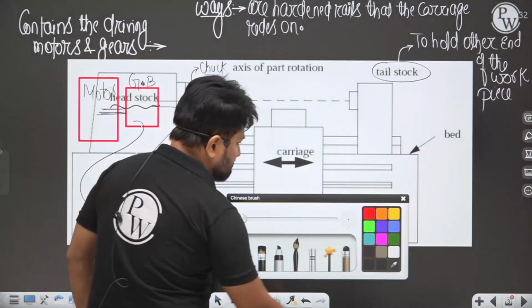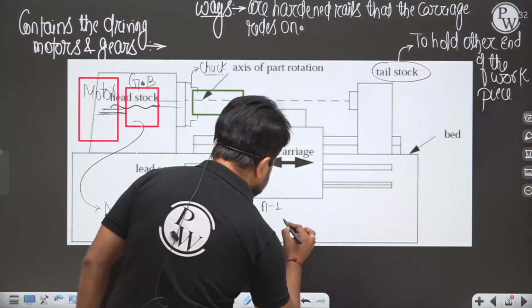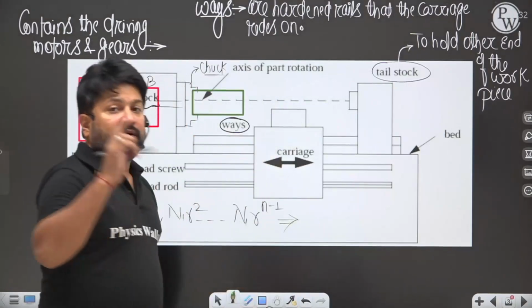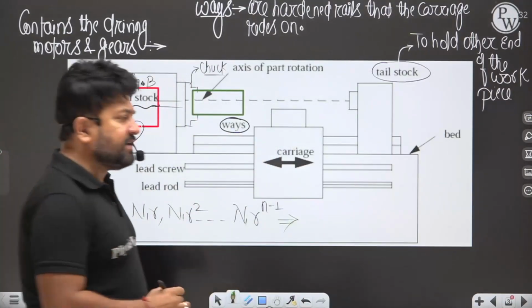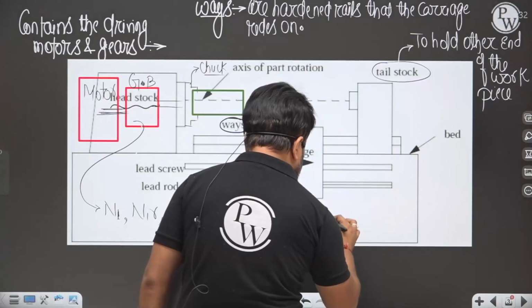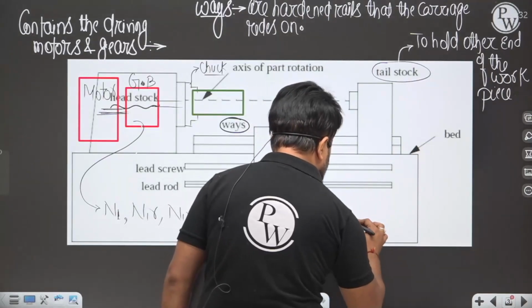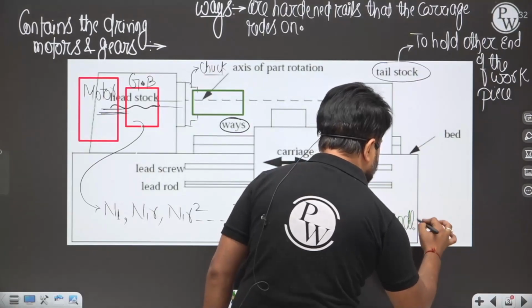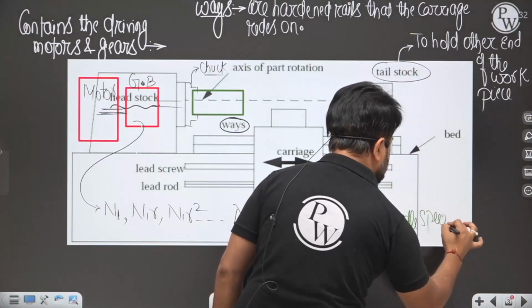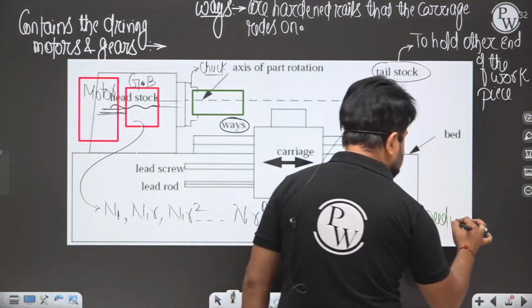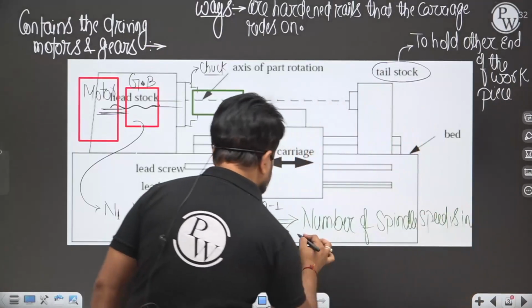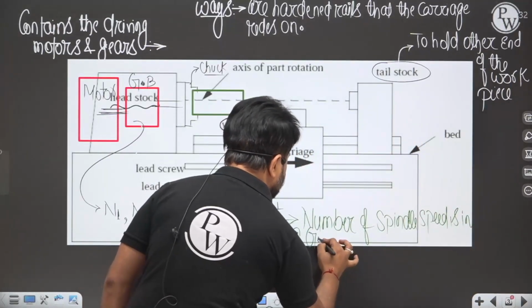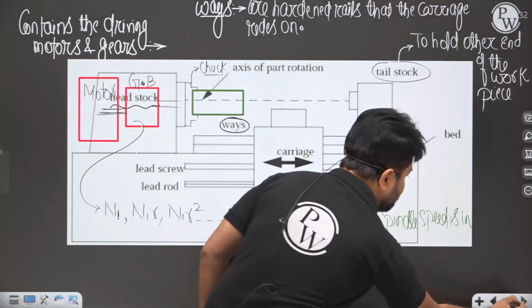A very famous question will be asked: the number of spindle speeds is in a GP, geometric progression. Very important.